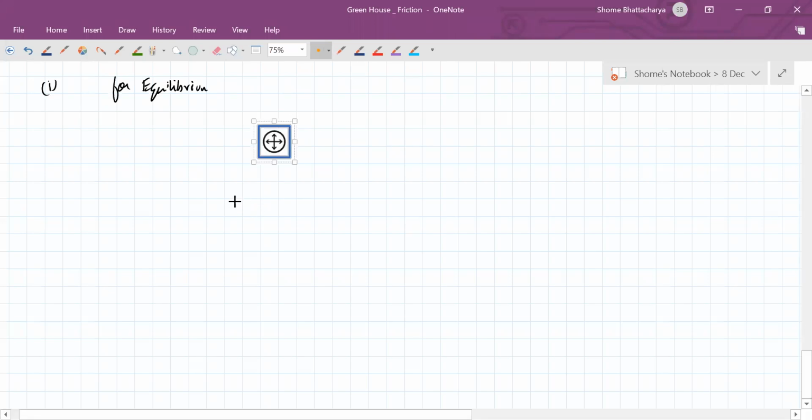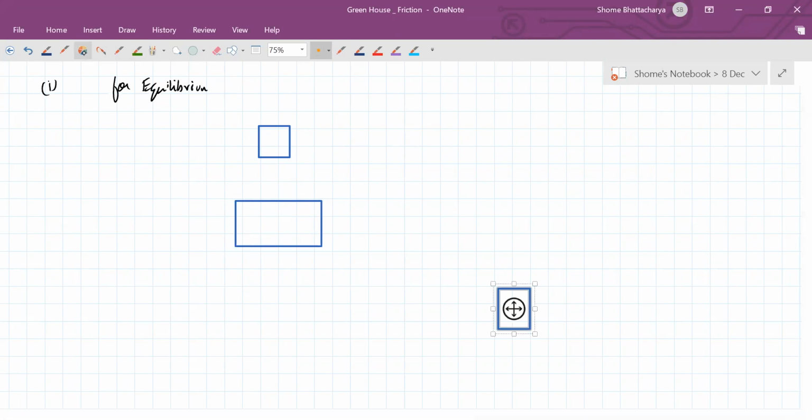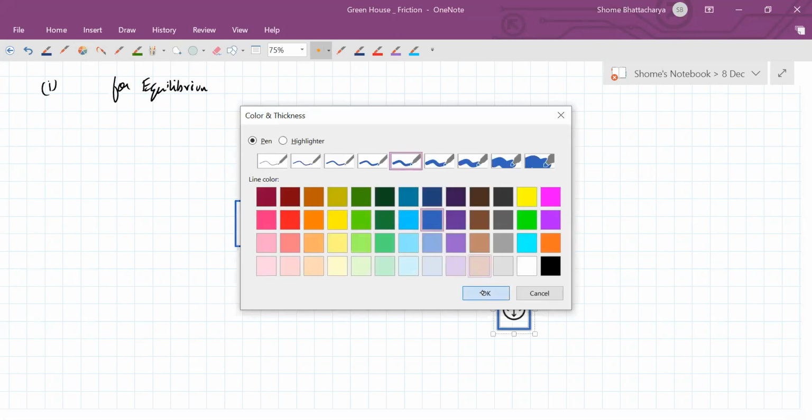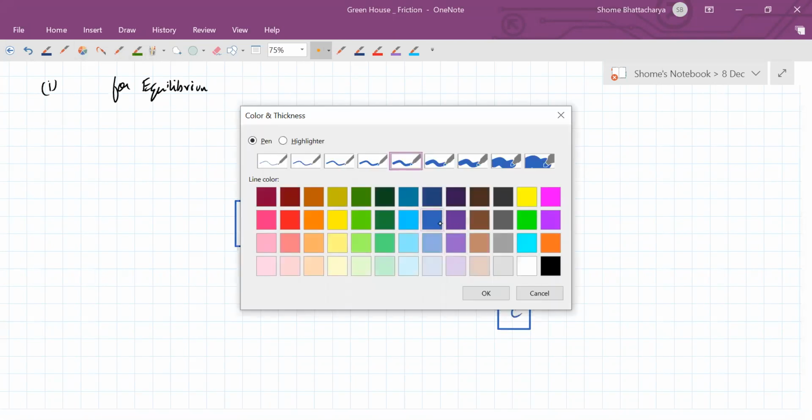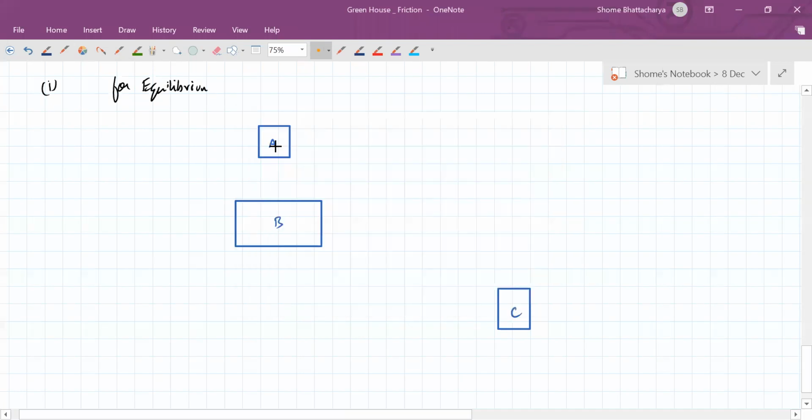let's say this is the block A, this is the block B, and below here somewhere this is the block C. So now let's figure out all the forces. Weight, normal reaction. Same normal reaction is applied on the block below.